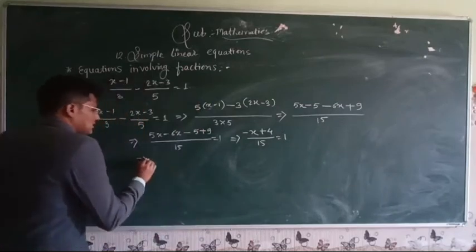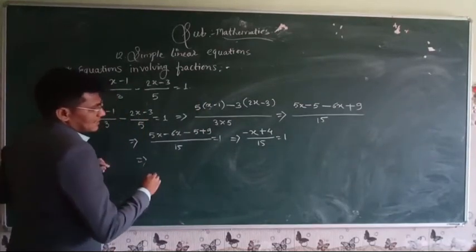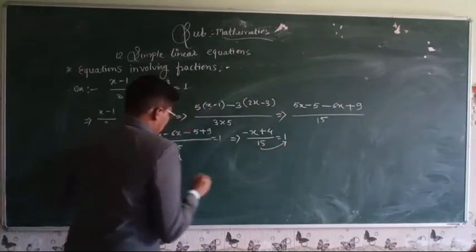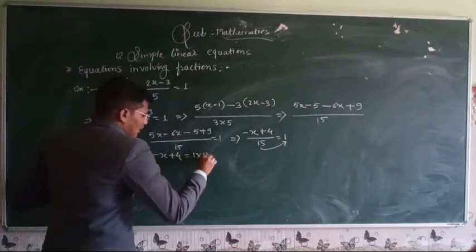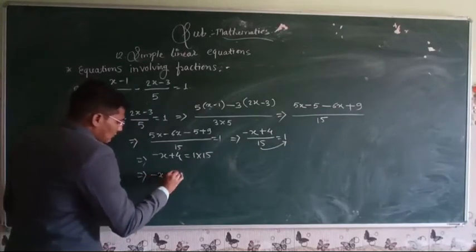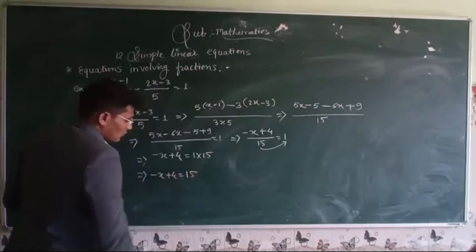After solving, it is minus x plus 4. This 15 will go to the other side and multiply with 1, into 15. It will be minus x plus 4 is equal to 15.